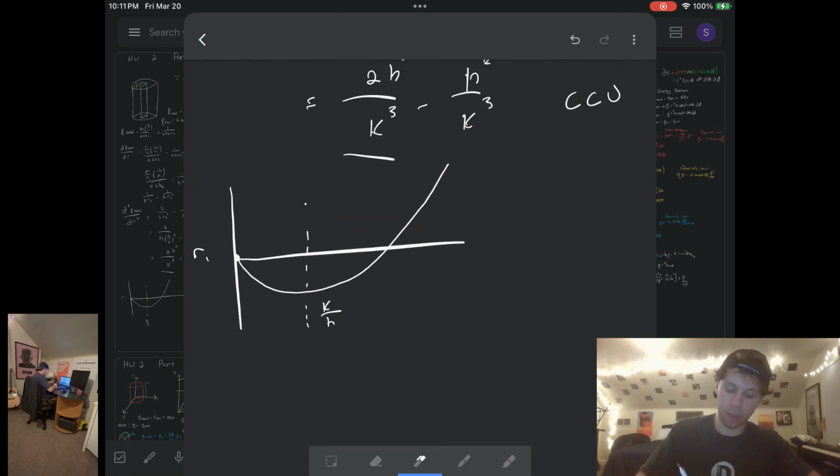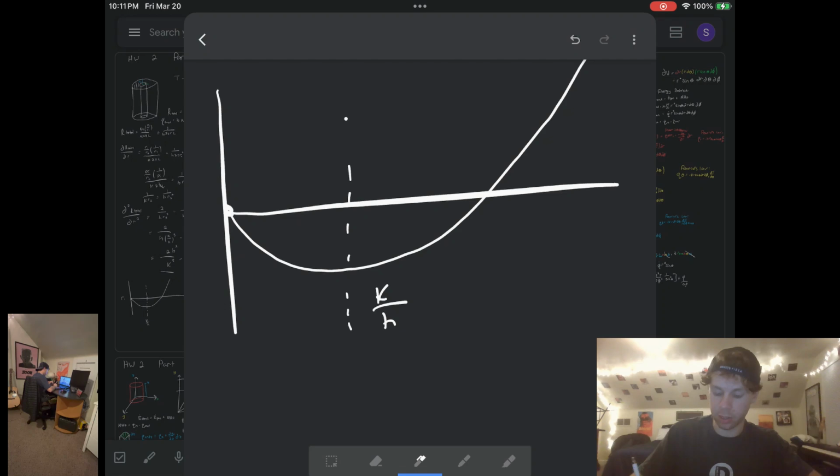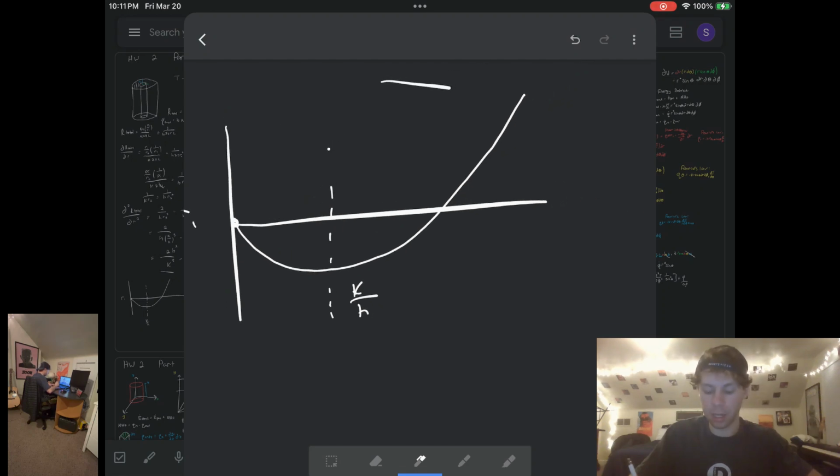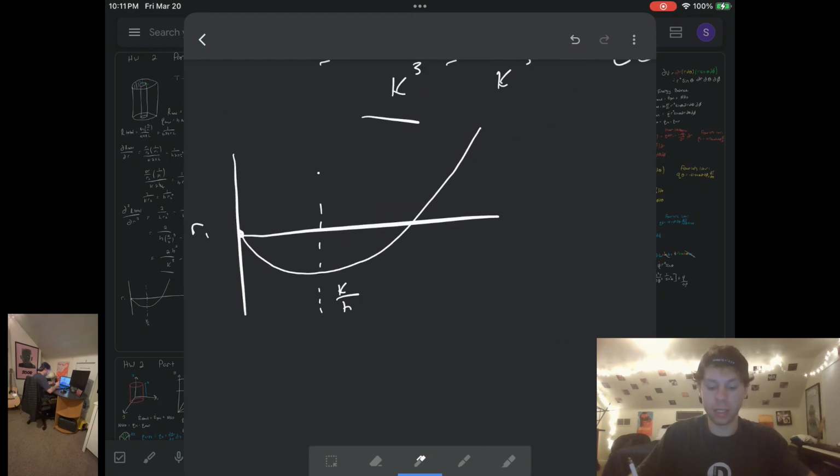Anything below our x-axis here will have greater heat transfer than just having the pipe without any insulation. And the reason this happens is because the heat transfer from convection will be greater than the resistance given by the insulation.